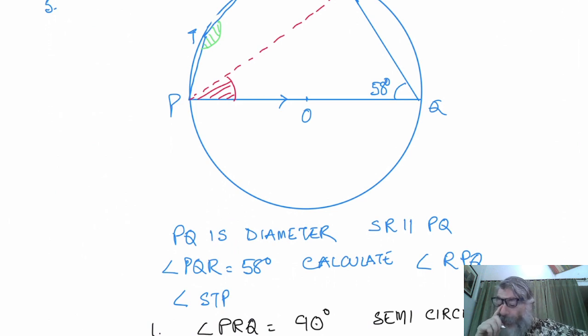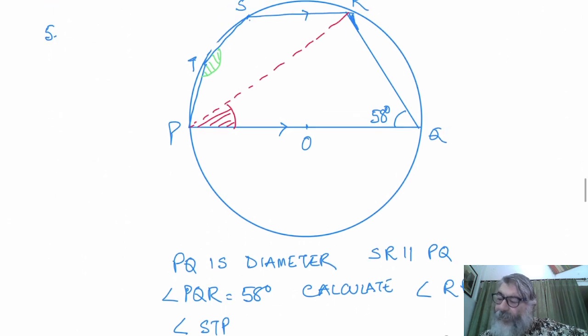So I have to calculate angle RPQ. Angle RPQ will be 90 minus 58, because one angle is 90. Here I have calculated this angle to be 90, angle in the semicircle, and this is 58. Angle RPQ plus RQP should be 90.